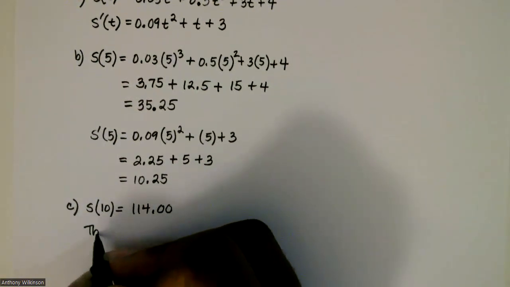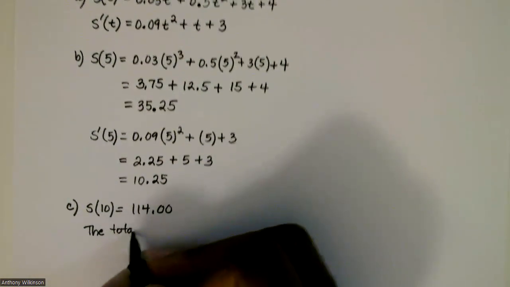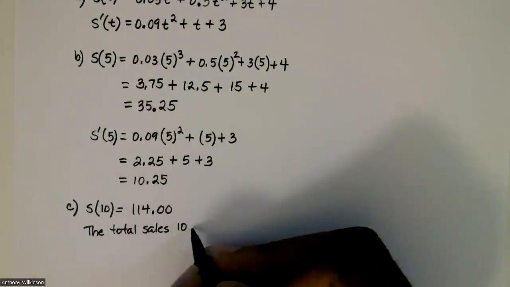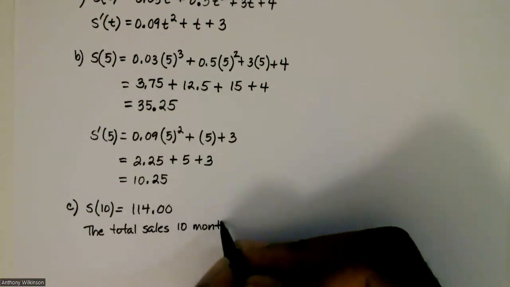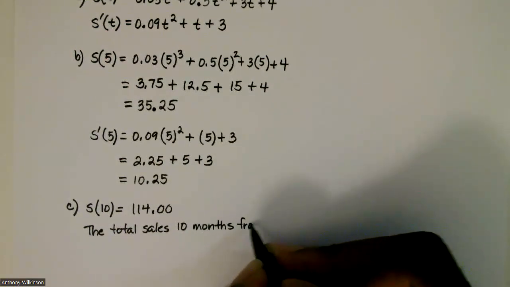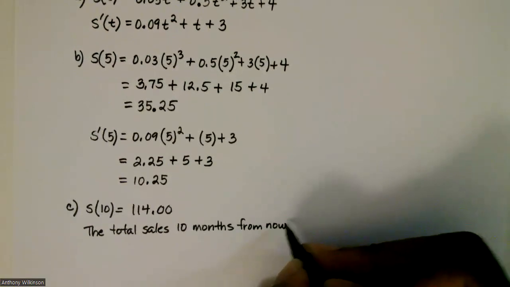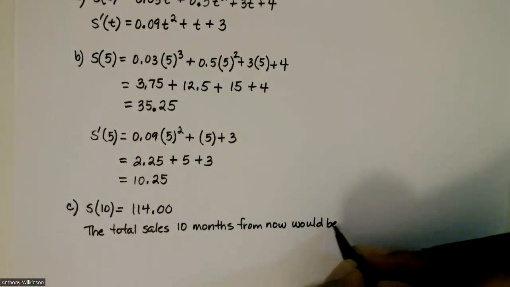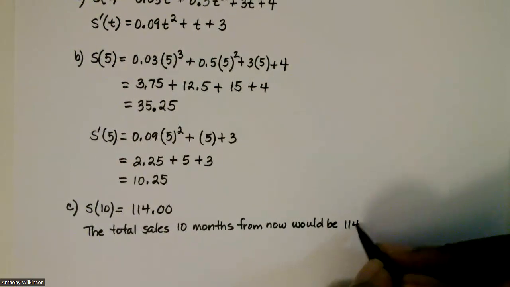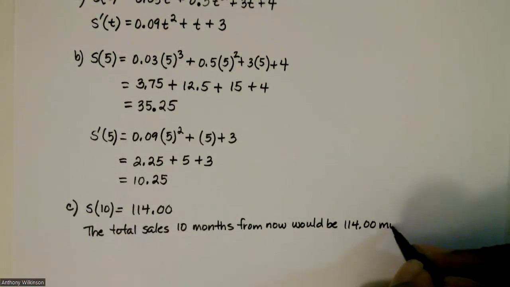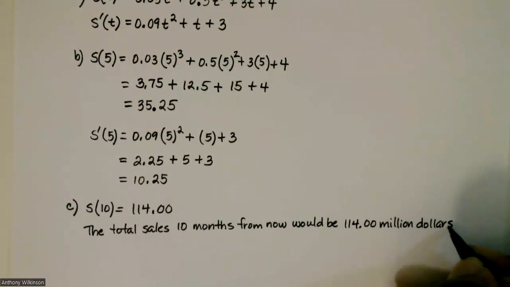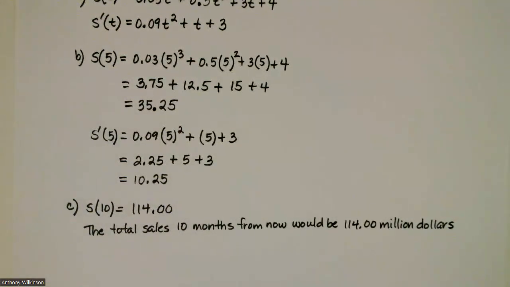It represents the total sales ten months from now. And it would be that amount, $114.00 million. Because the sales is going to be in millions of dollars, as indicated in the problem.